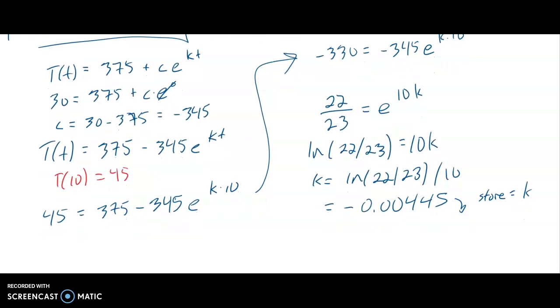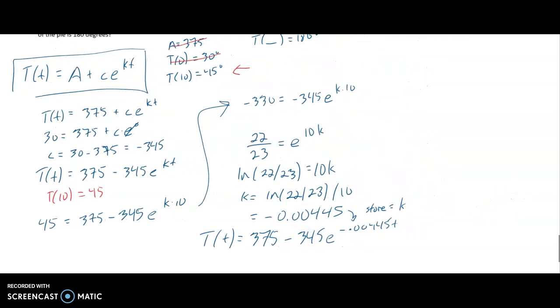So what does that give me? That gives me my function: T of t is equal to 375 minus 345 e to the negative 0.00445t. All right, so that's my equation.